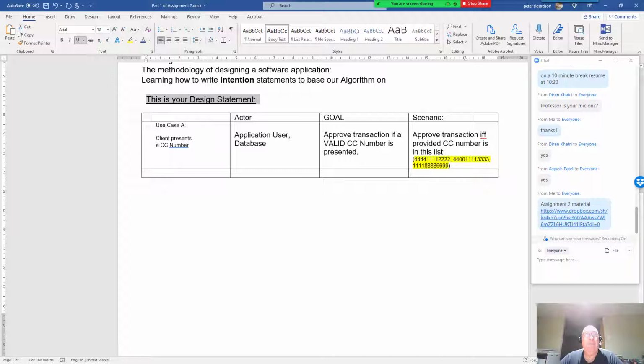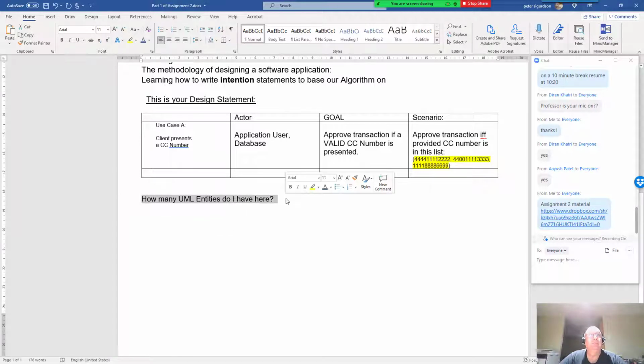How many UML entities do I have here? Ayush, what's your opinion? Jump in and share with classmates.